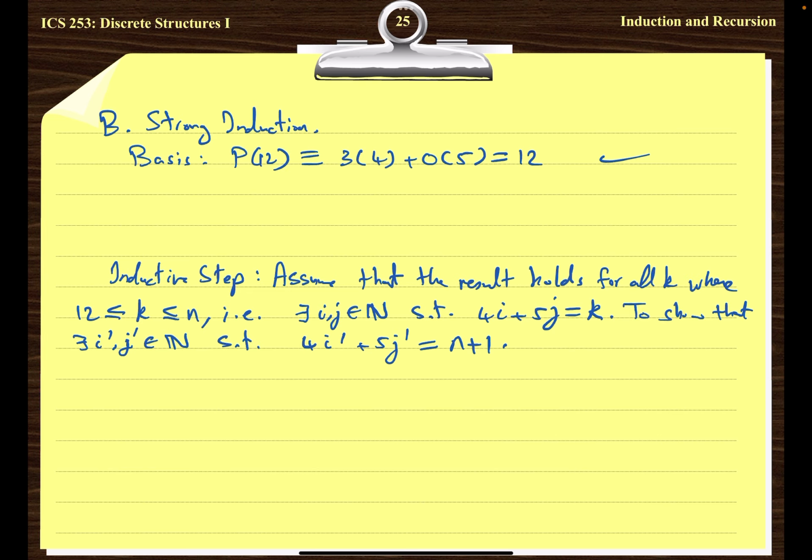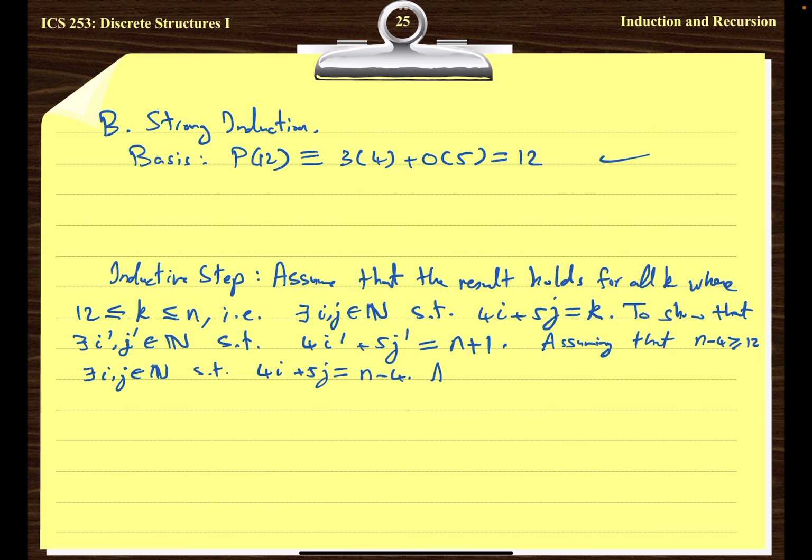So assuming that n minus 4 is greater than or equal to 12, there exist i and j natural numbers such that 4i plus 5j is equal to n minus 4.